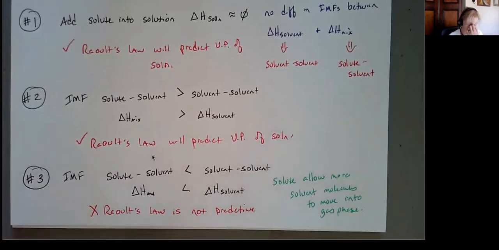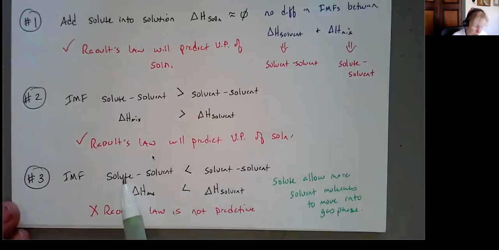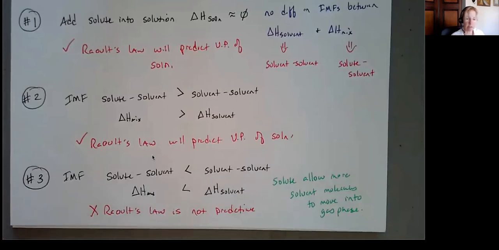By adding your solute, you're basically displacing this intermolecular force here. So when I add in my solute, now I form this intermolecular force here between solute and solvent. If that's less than this intermolecular force, now it's going to be easier for those solvent molecules to move from the liquid to the gas phase.